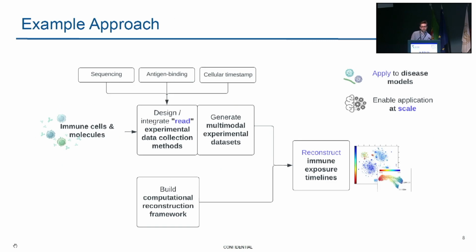As an example approach, we would combine experimental tools such as high-throughput sequencing, antigen binding assays, and cellular timestamping on the experimental side, and then develop novel computational tools, as I said before, to reconstruct those exposure timelines. And then once we have those tools, apply them to disease models at a very large and robust scale.